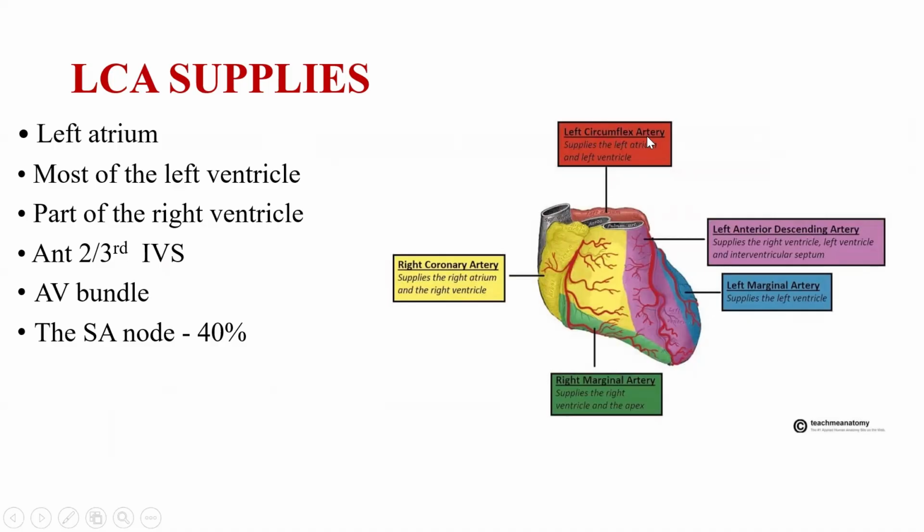It is shown in red. So the left coronary artery supplies the left atrium, most of the left ventricle, part of the right ventricle, anterior 2/3 of the interventricular septum, AV bundle, SA node in 40% of cases, and AV node also in 20% of cases.